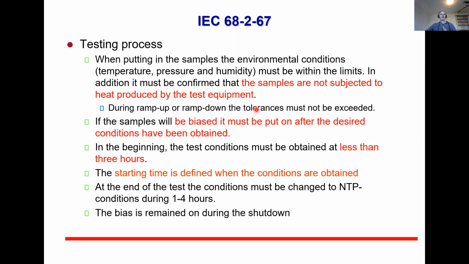You cannot exceed the tolerances, for example the temperature tolerance, during ramp up or ramp down, meaning that quite often you need to heat it up not with the maximum speed, but with a controlled speed.